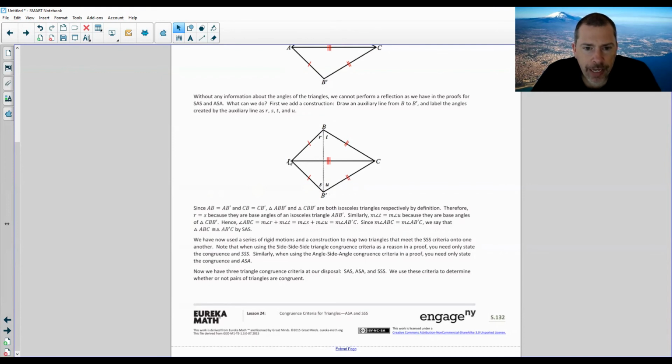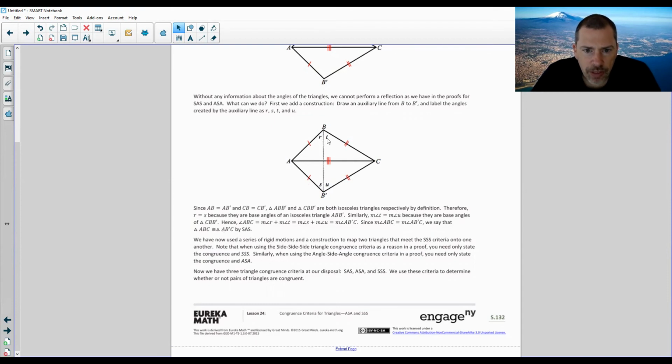Then we know that triangle ABB prime, this triangle right here, the whole thing on this left side, and triangle CBB prime, this one over here, are both isosceles triangles, congruent respectively by definition. They have two sides congruent, they're isosceles. Therefore, R equals S, because they are base angles of an isosceles triangle, ABB prime.